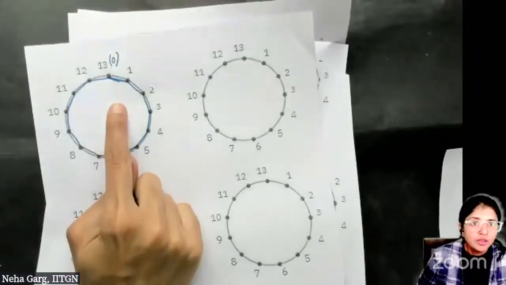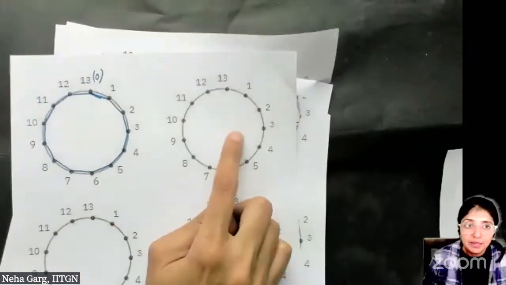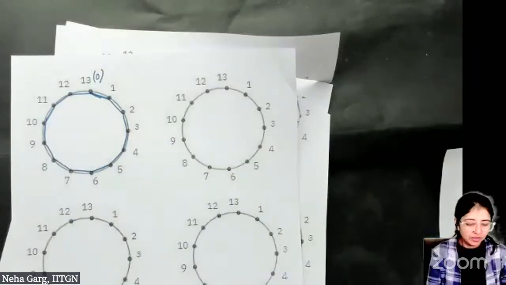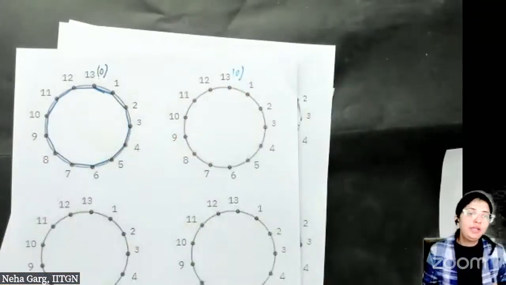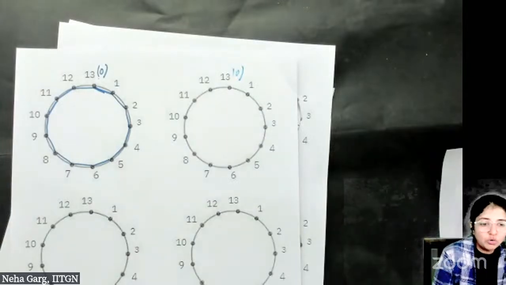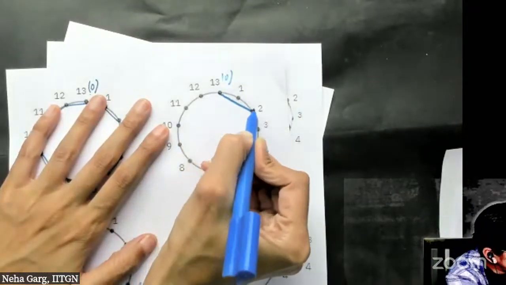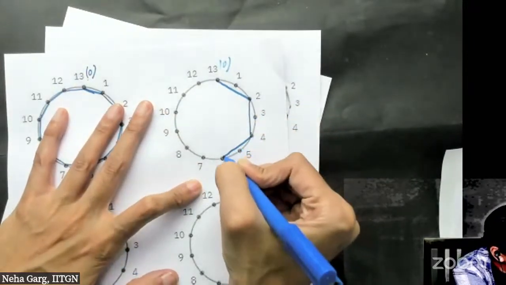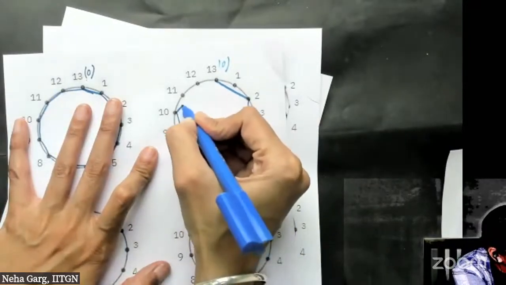Okay, so now we did this with 0 by adding 1. But now in this 13-point circle, let's add 2 every time. So we will start again from here, which we will consider as 0 also. And now what I'm going to do is, I am going to add 2 to every point. So this will be 0, we come to 2. Then 2 plus 2 is 4. 4 plus 2 is 6. 6 plus 2 is 8. 10. 12.